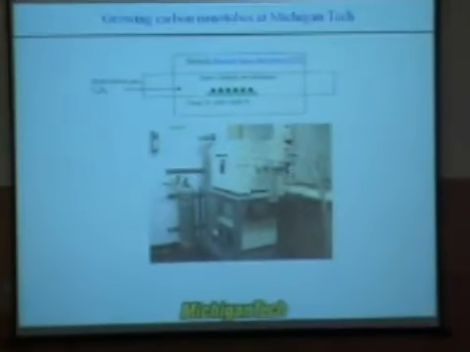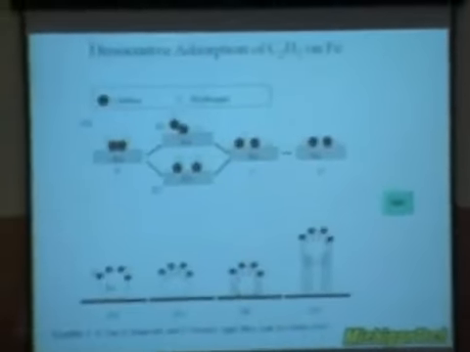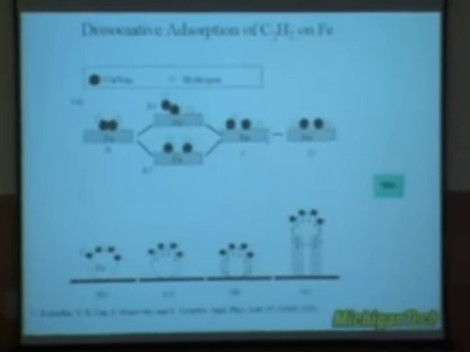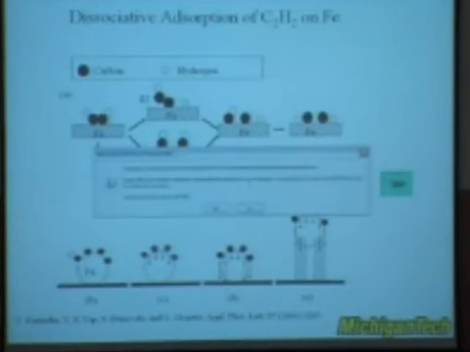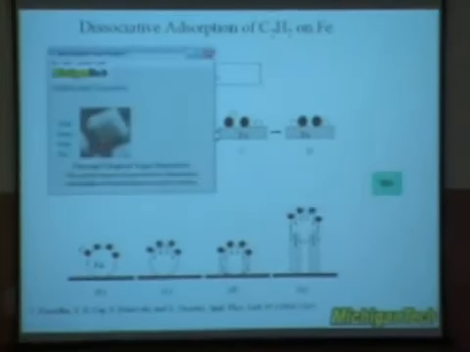So let me move on to growing nanotubes by another technique. I should skip some of the details here, but I just wanted to tell you that we have understood the fundamental mechanism behind the growth of these tubes, which can be shown by this animation. We use a molecule called acetylene, C2H2, for the growth.